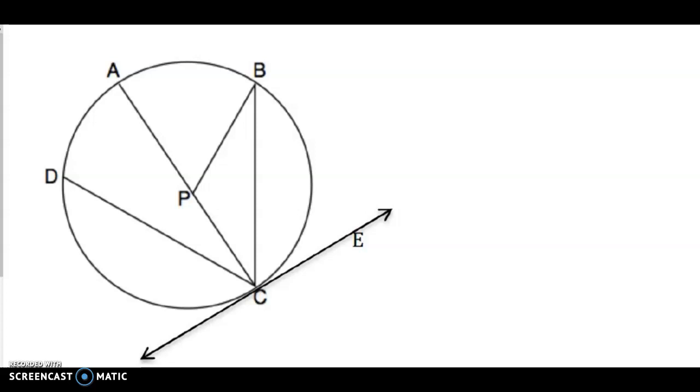First, we can start from PB because this is the shortest one, and we are really familiar with that. This is the center, this is B, so segment PB will be the radius.